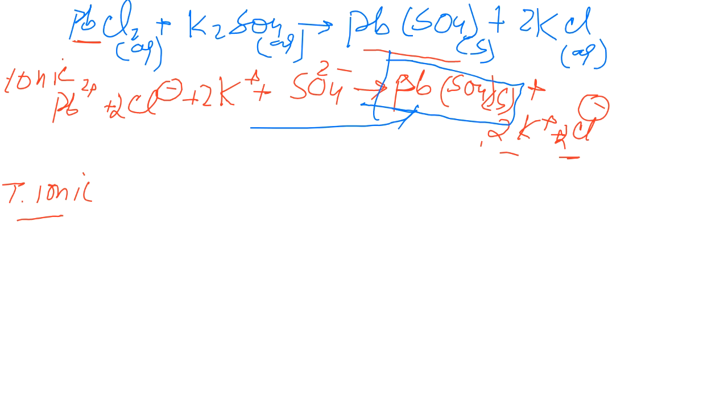Is it iron? Lead. Lead. Oh, okay, sorry. So you will write lead 2 plus plus sulfate 2 minus. This will give you this product. So this is the net ionic equation. Which ions are responsible for giving the solid product is known as the net ionic equation. Clear? Clear.